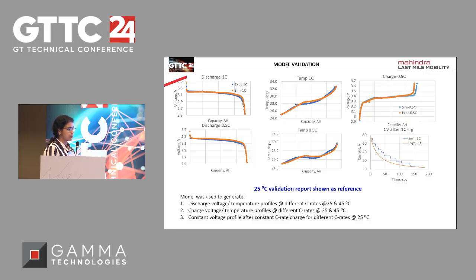The CV phase is a kind of relaxation phase, and with Autolion we had some initial glitch modeling the relaxation part, but we could still go close with the CV phase. So when we validated all these things, we got significant confidence in our model, and we took it forward for our aging analysis and aging modeling.